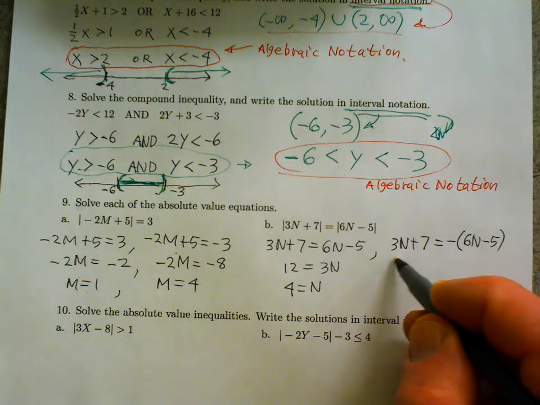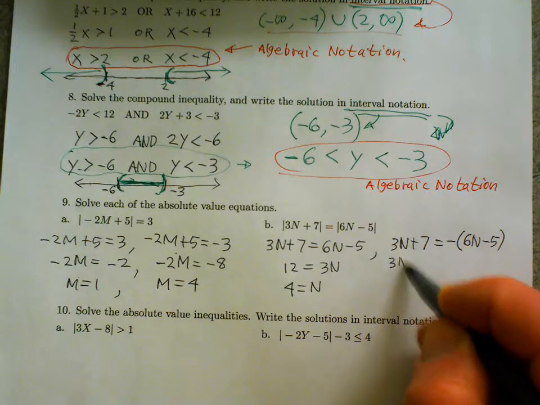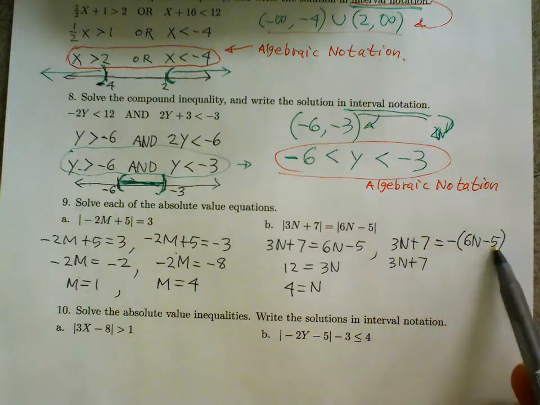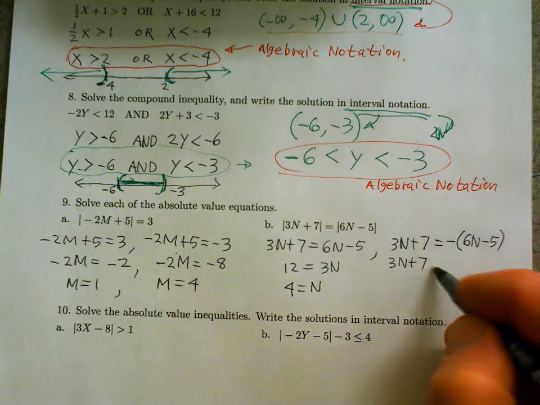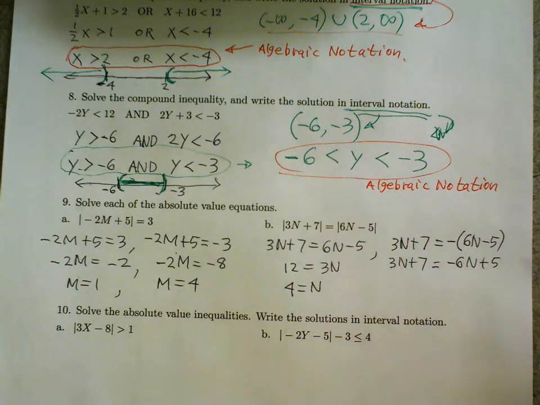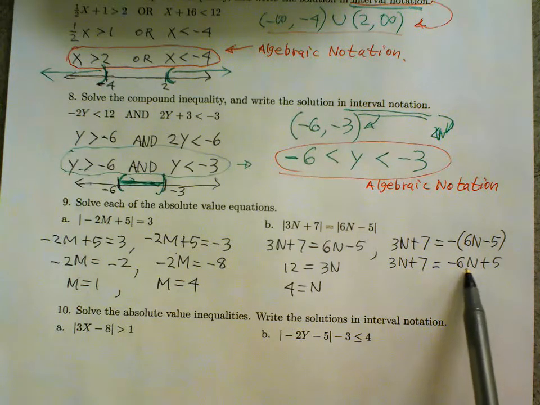For the other equation, we'll distribute multiplication by negative 1. So we get negative 6n plus 5. And we can do a couple of things in the next step.